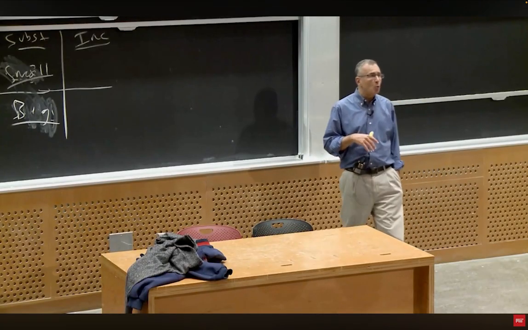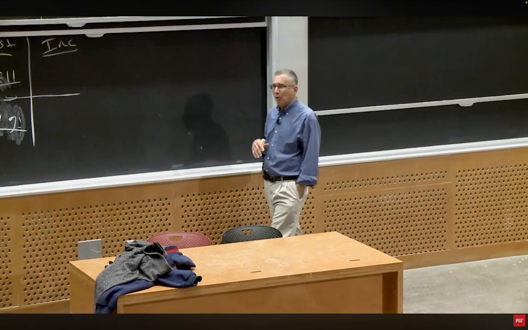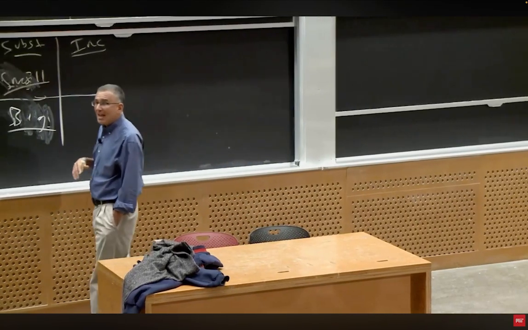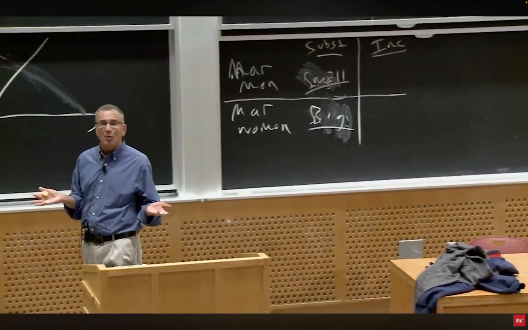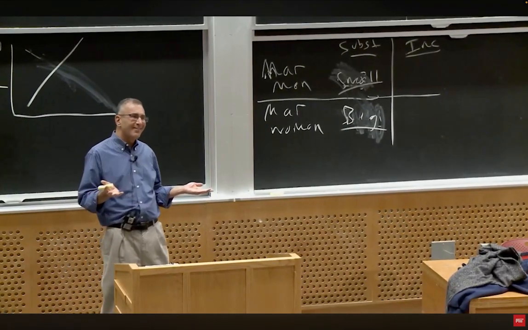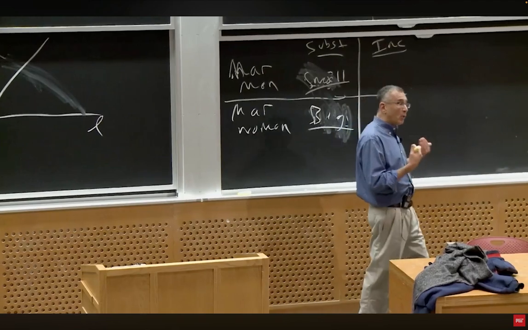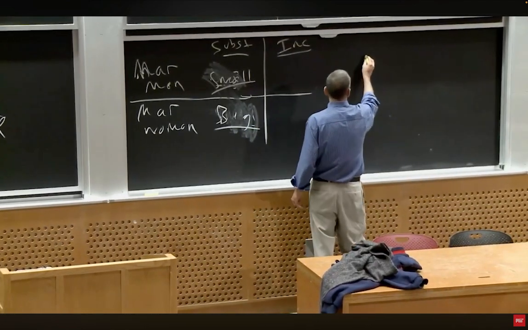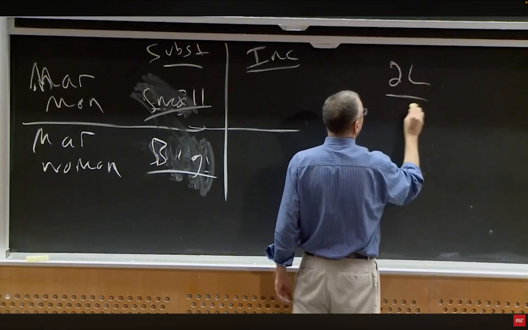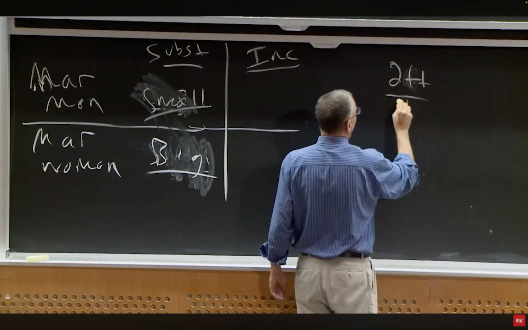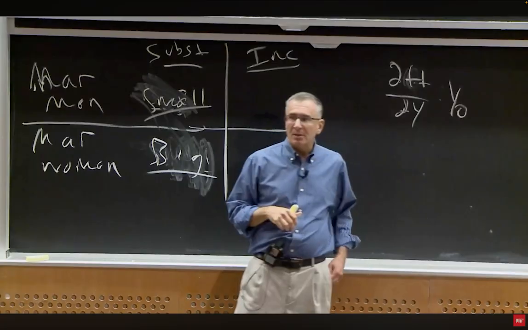If you are not working, then there's no income effect, because my income doesn't change when the wage goes up, right? So my income changes more the more I'm working. So the income effect is really, technically, it's measured as dL/dY, or dH/dY, times Y0, times your initial income.